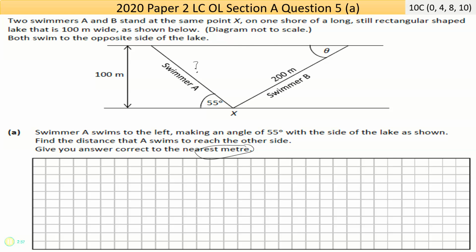Now it's a non-right angle triangle. You're not told this is 90, even though it kind of looks like it, you can't assume it. I do have an angle and a side, but I don't have another angle or side to use either the sine rule or cosine rule. So I don't have enough information to do anything.